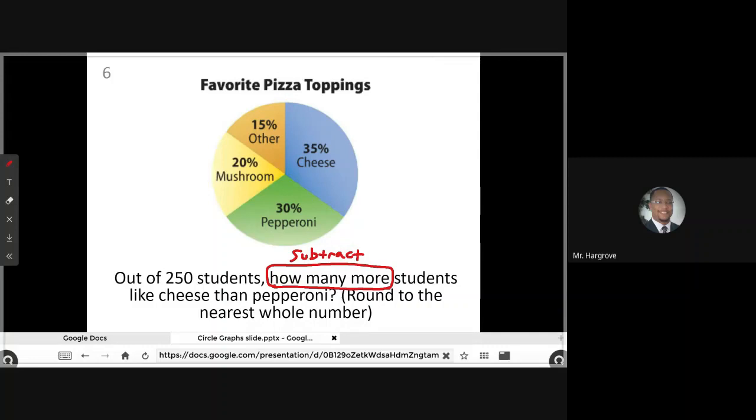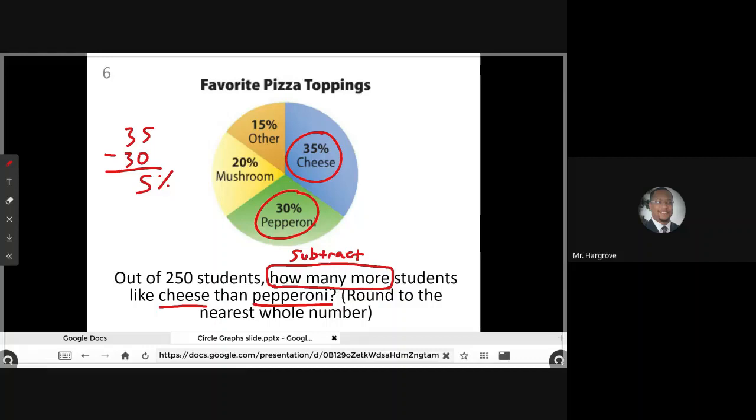We're going to find the difference between the cheese and the pepperoni percentage. Looking here at cheese and at pepperoni, let's find the difference between them. So I'm going to do 35 minus 30, and that's going to get me 5%.